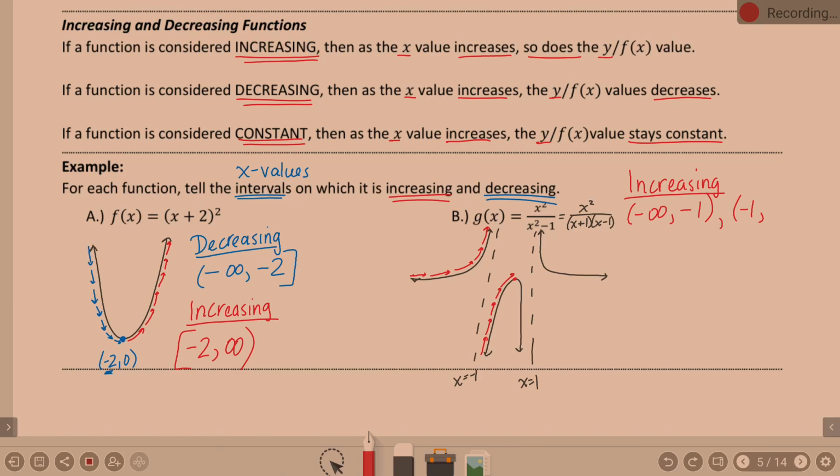What are we increasing to? 0. Why 0? Because this point here, if you look where I hit trace, is 0, 0, yes? So we're increasing to the x value of 0, parenthesis or bracket? This one is a bracket because we are touching it, yes?